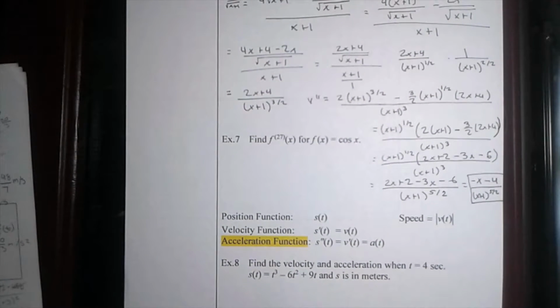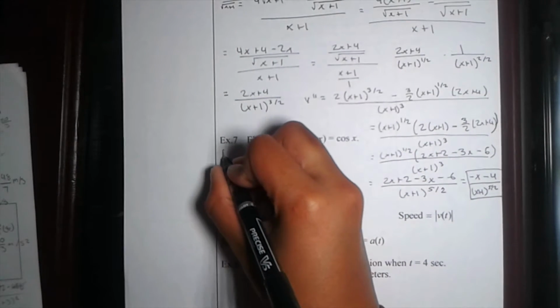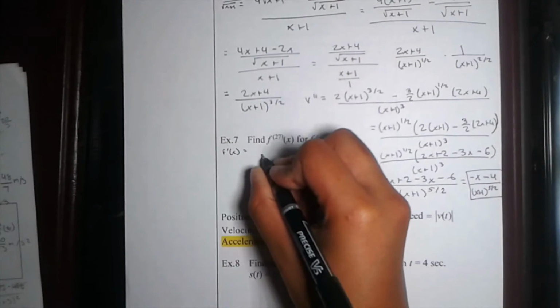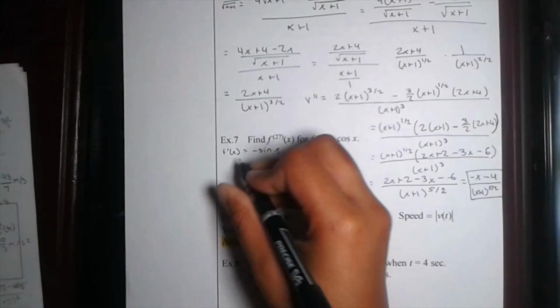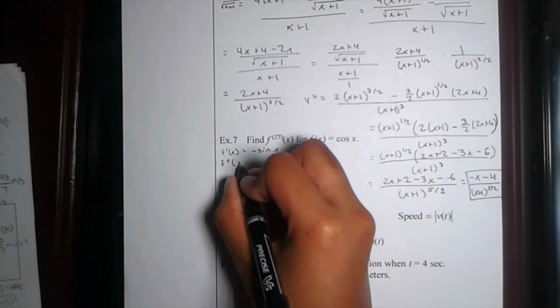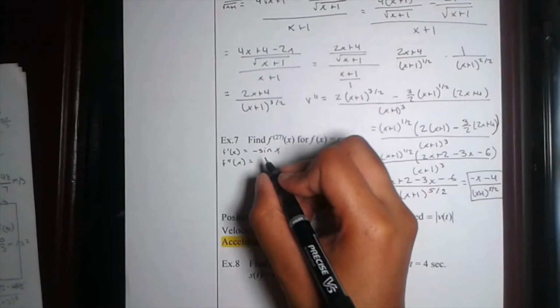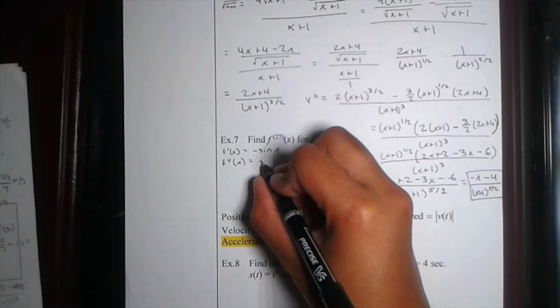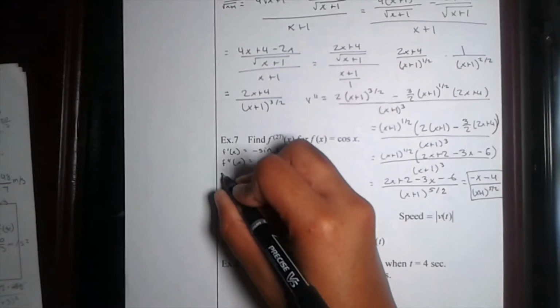Then for the next part, it wants you to find the 27th derivative for cosine of x. So the first derivative of cosine of x is negative sine x. The second derivative for this one is negative cosine of x.